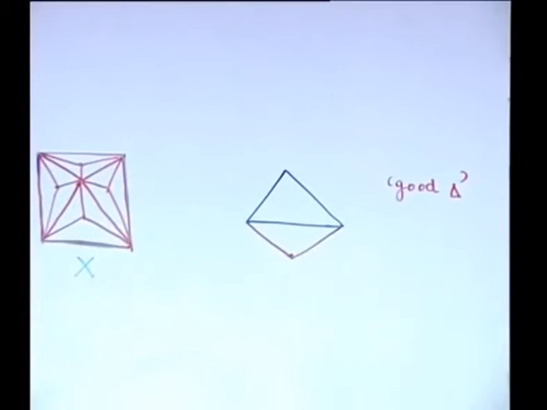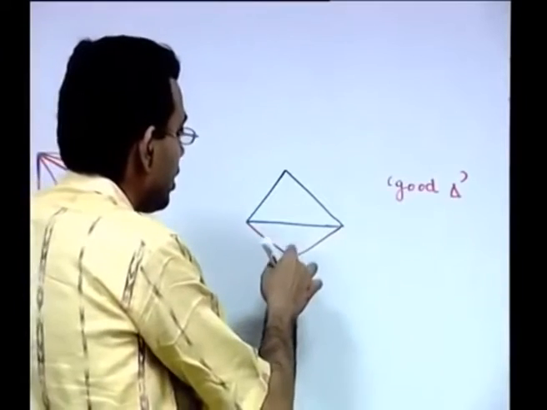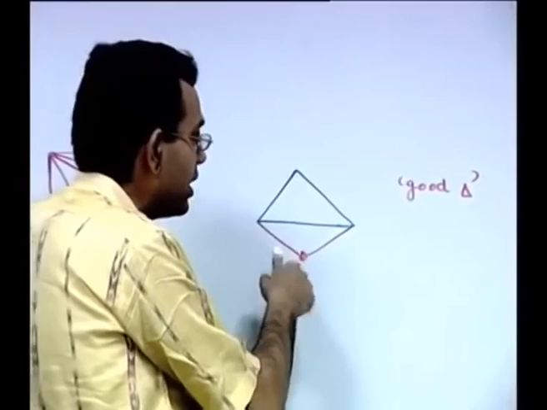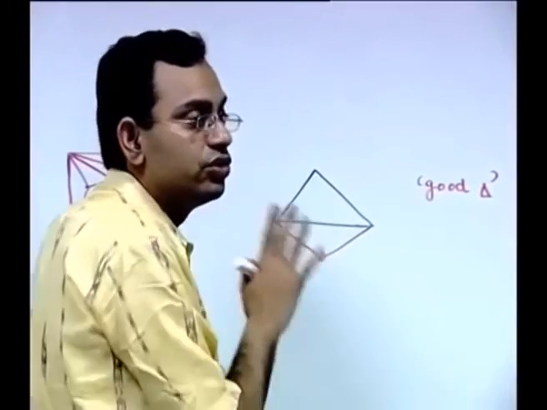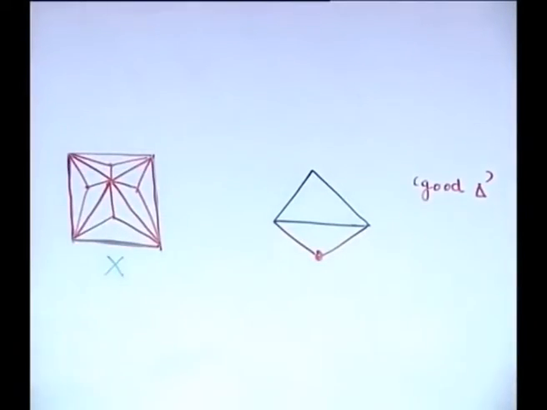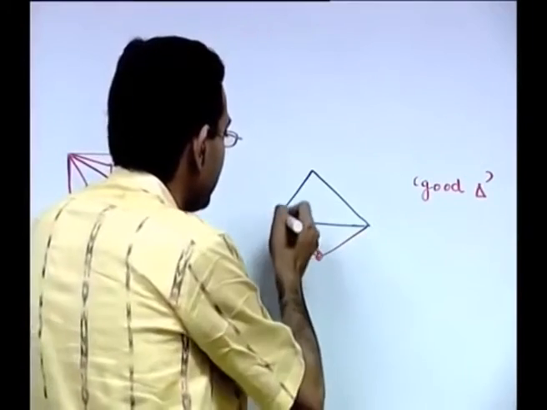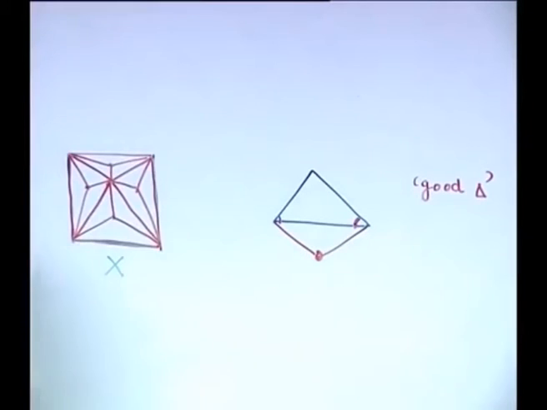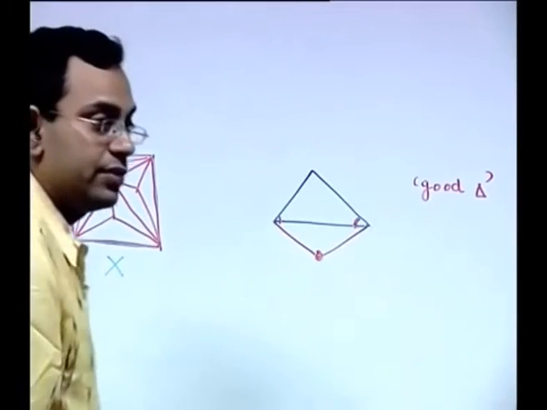We are looking for a point to be inserted somewhere so that a new triangle is generated which should be good. What is the characteristic of goodness of a triangle? Goodness of a triangle will imply that the interior angles are not very small. Again the question is what is small and what is large, which we have to quantify.